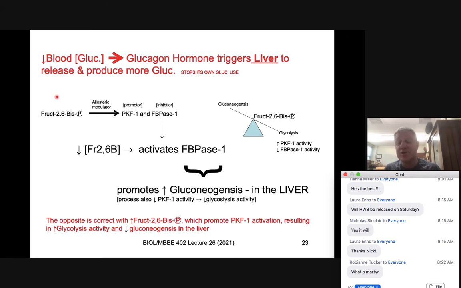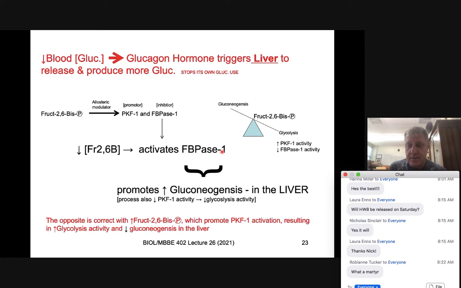So again, I'm going to emphasize, the fructose 2,6-bisphosphate, an allosteric modulator, is going to promote the phosphofructokinase number 1 at the expense of the fructose bisphosphatase. A decrease of the fructose 2,6-bisphosphate is then going to activate the fructose bisphosphatase to promote gluconeogenesis in the liver.